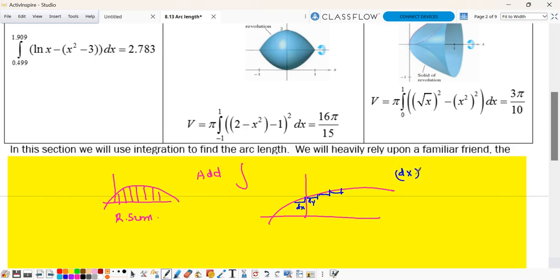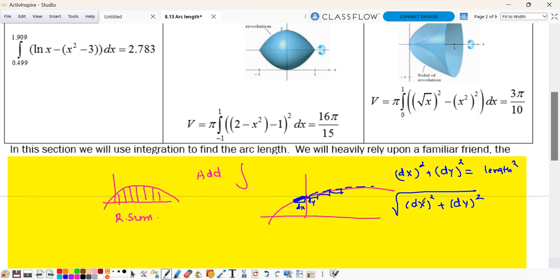Horizontal distance squared plus vertical distance squared gives the arc length squared. So to find this length I have to take the square root of dx squared plus dy squared. This gives me all those tiny arc lengths.